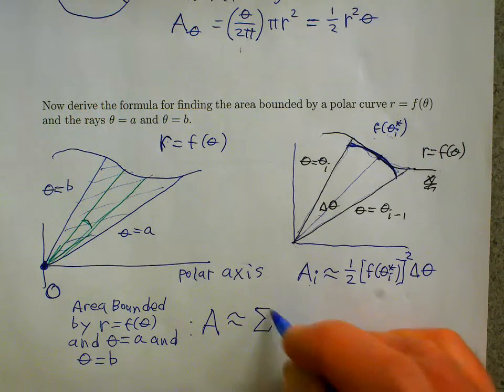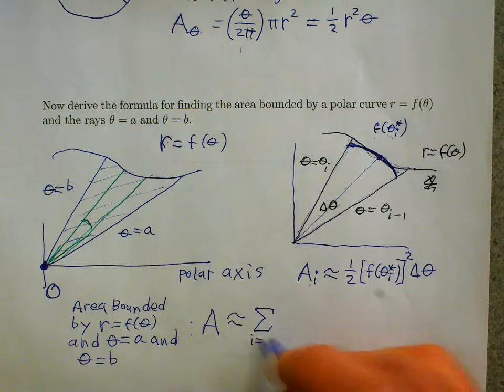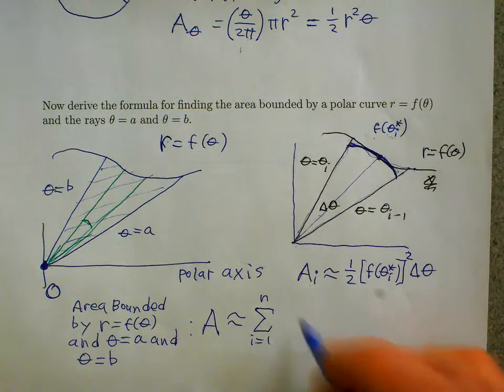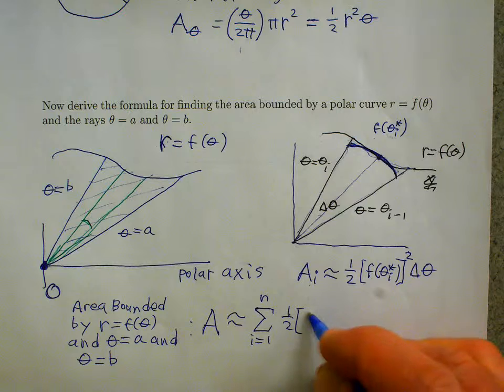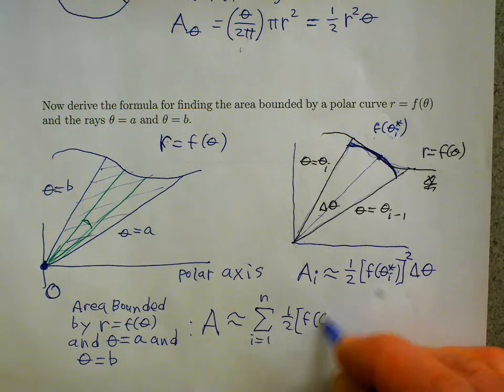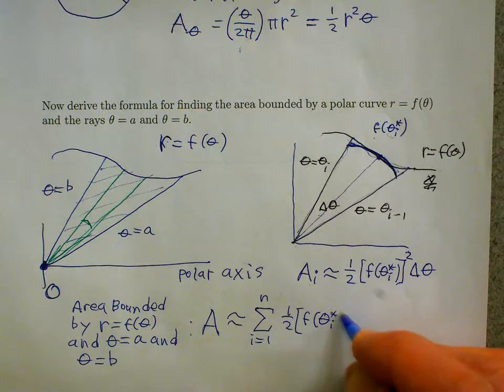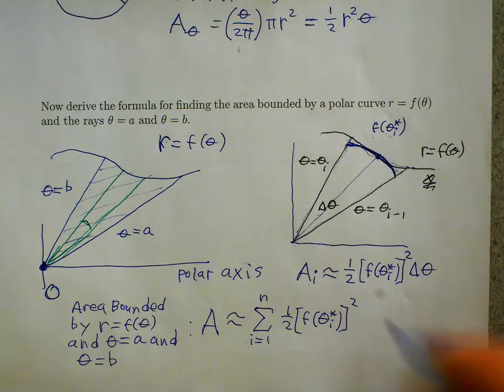So the sum from i equals 1 to n of 1/2 times the square of f of theta sub i star times delta theta.